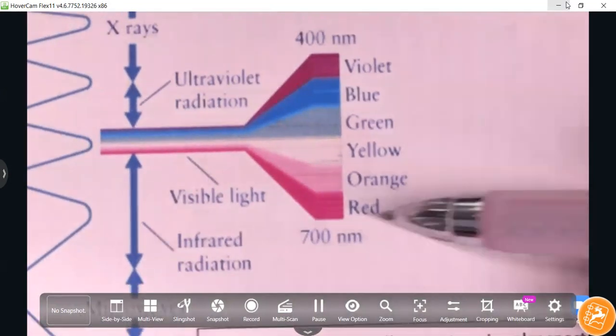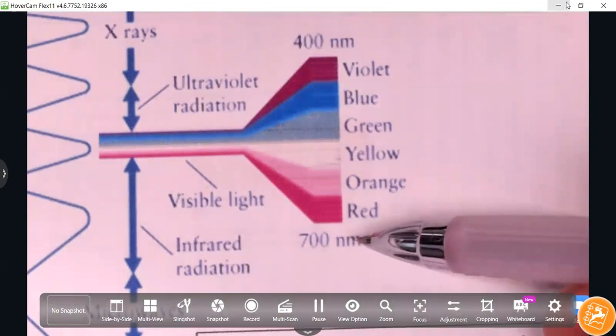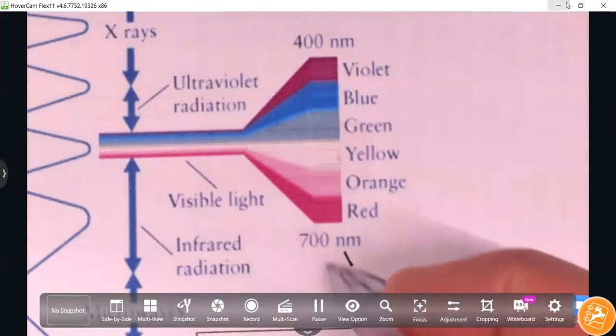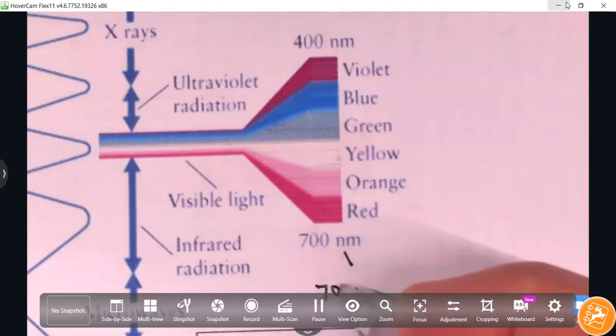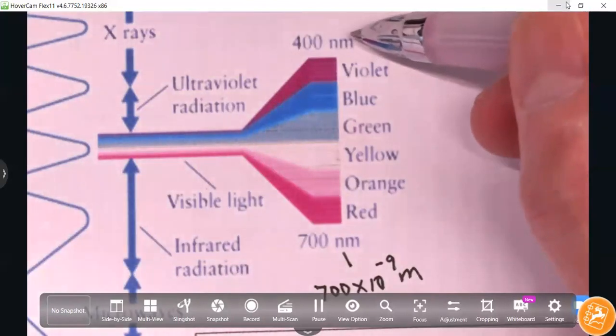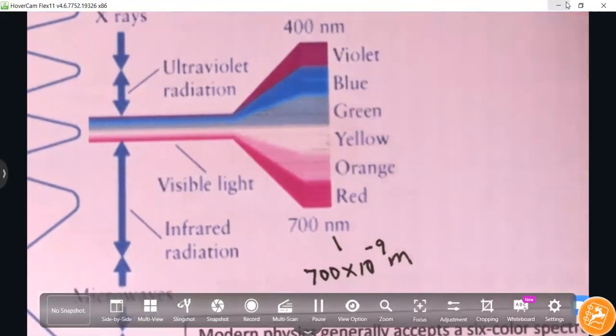So this is nanometers. This 700 right here would be 700 times 10 to the minus 9 meters. This would be 400 times 10 to the minus 9 meters.